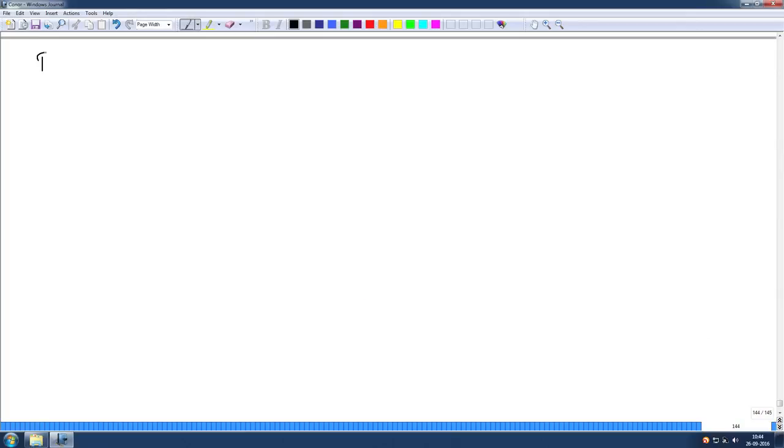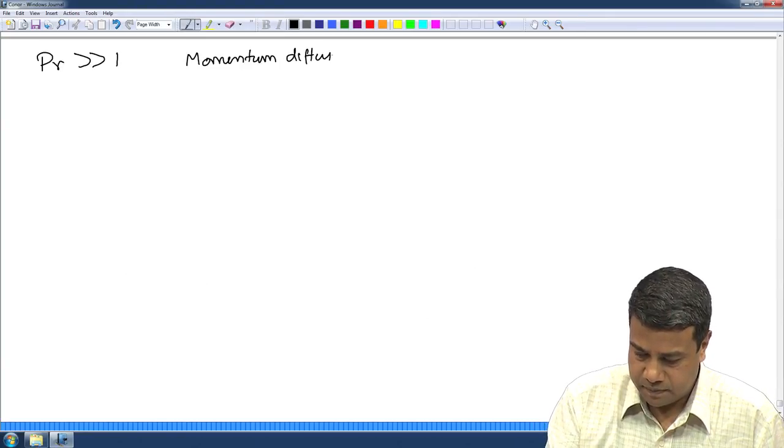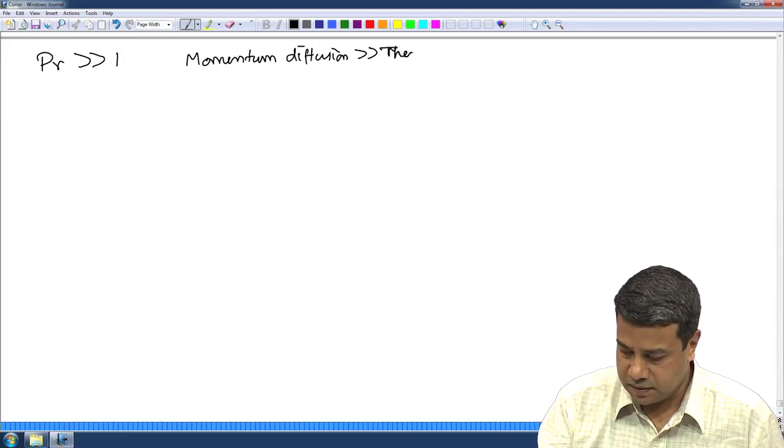Now, what about the case when the Prandtl number is large? Okay, that is when the Prandtl number is much greater than 1. In this case, you would expect momentum diffusion to be much faster than thermal diffusion.